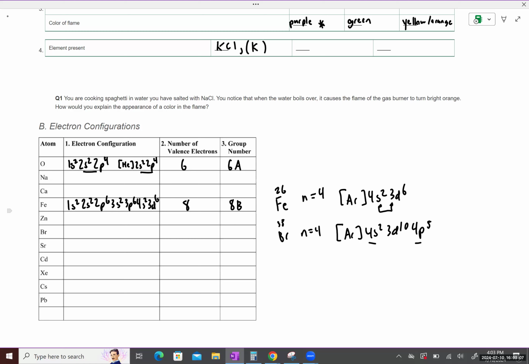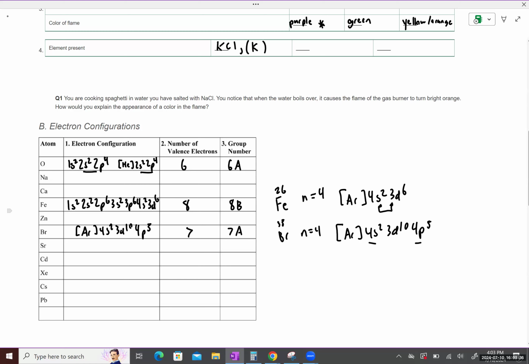So counting our outermost electrons, the electrons with the largest principal quantum number, we conclude that there are 7 valence electrons, matching its group number of 7A. So bromine has 7 valence electrons, a group number of 7A, and thus a configuration of argon, 4s2, 3d10, 4p5.